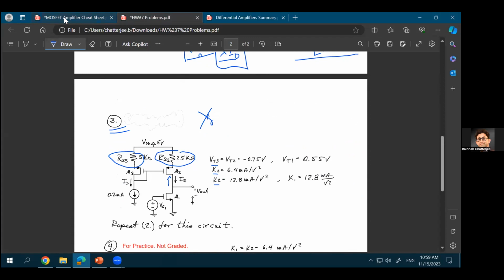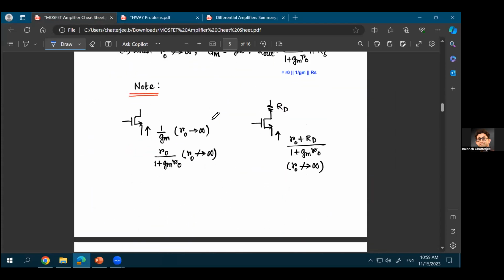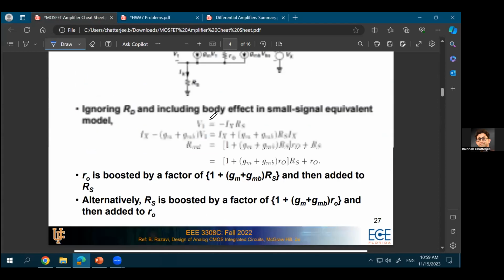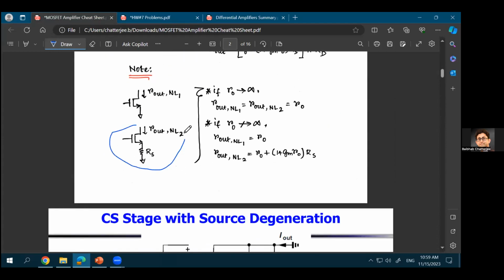Looking into the drain of a transistor, if there is a source resistance connected, what is the resistance that you see? If RO of this transistor is infinitely large, you just see an infinitely large resistance, so you can just represent that with RO.